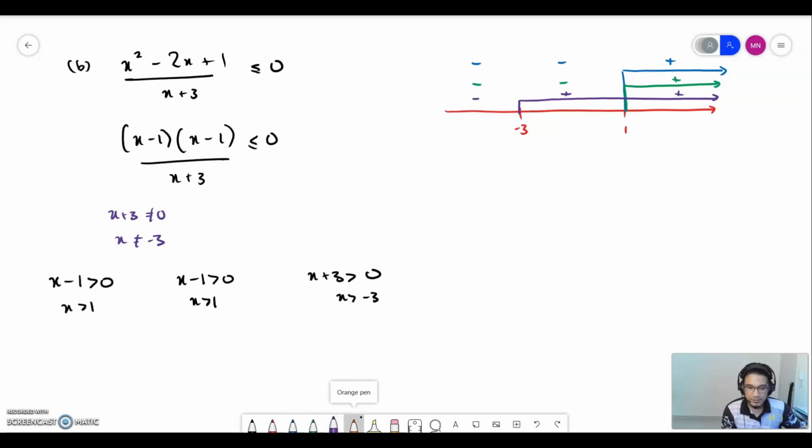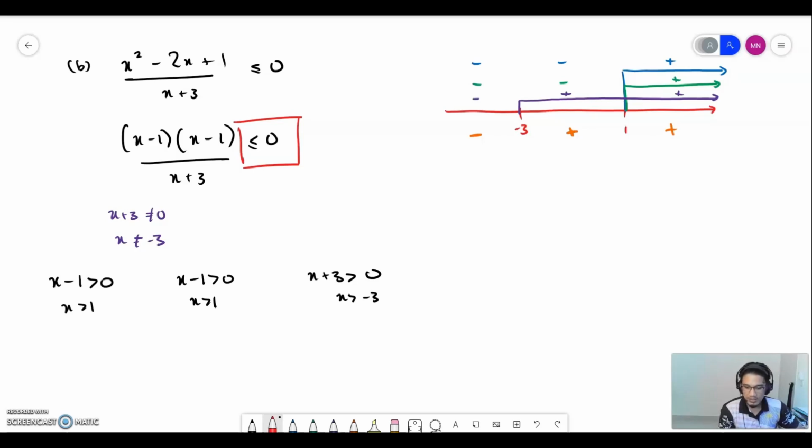Okay, so now what we do is we multiply all of the signs. So negative, negative, negative becomes a negative sign. This here is positive, and right here is a positive sign. Now we return back to our inequality. We can see here it is less than or equal to 0.